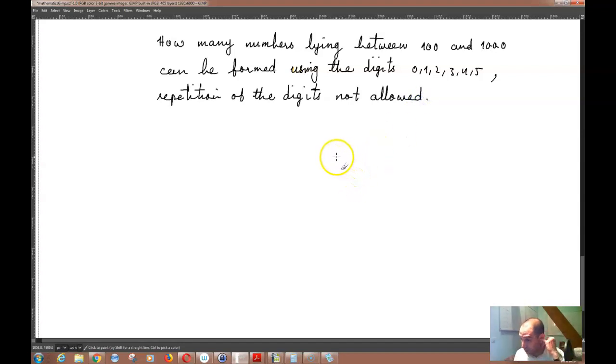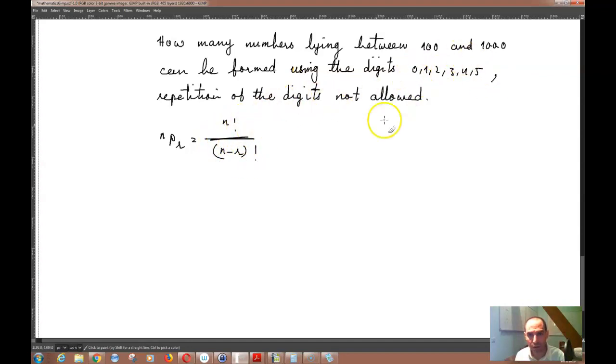Okay, so in order to understand that: how many numbers lying between 100 and 1000 can be formed using these digits, repetition not allowed? I would simply use n permutation r, which is equal to n factorial over n minus r factorial. But the problem is that I don't know what my r is.